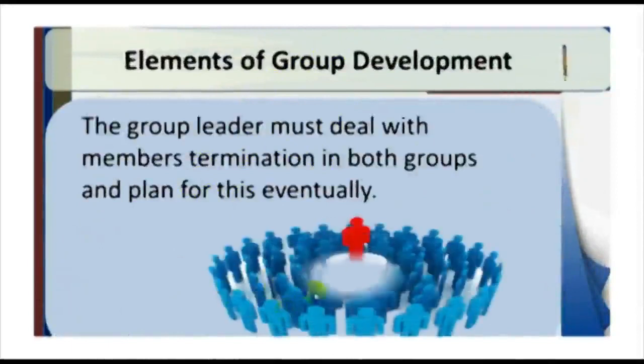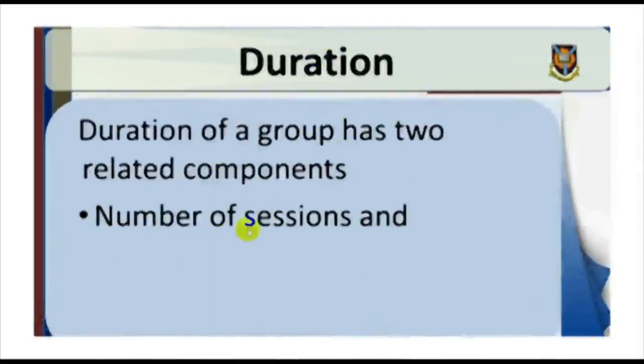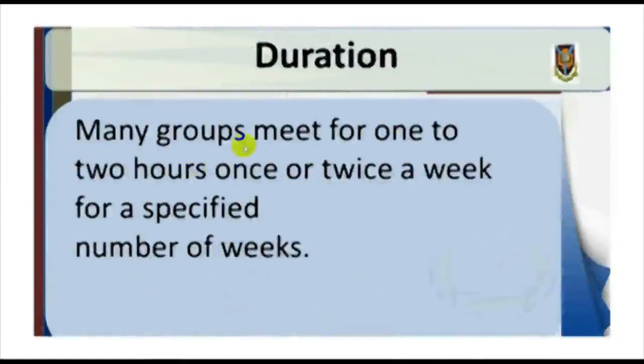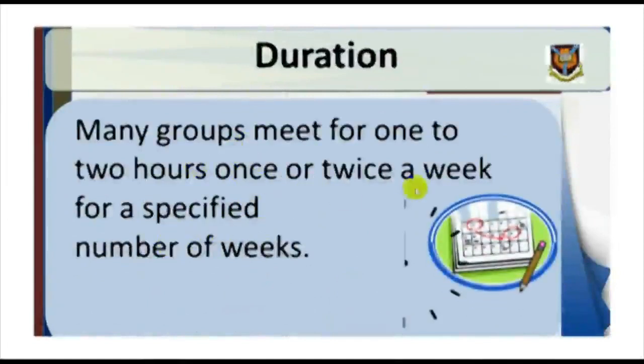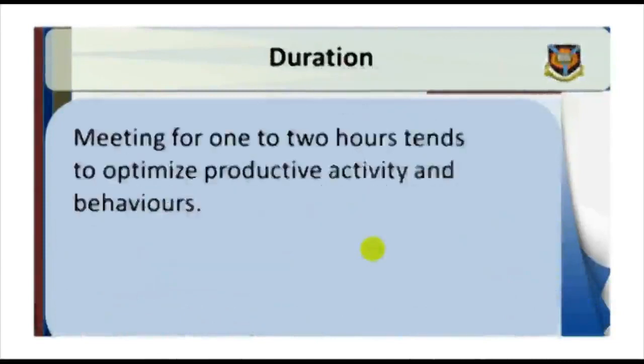Duration. The duration of a group has two related components, namely the number of sessions and the length of each session. Many groups meet for 1 to 2 hours, once or twice a week, for a specified number of weeks. Meeting for 1 to 2 hours tends to optimize productive activity and behaviors.